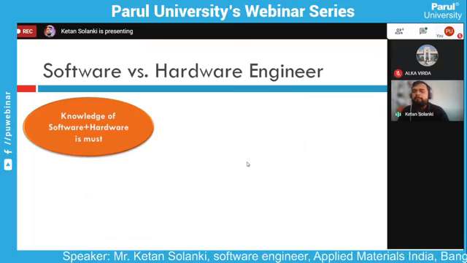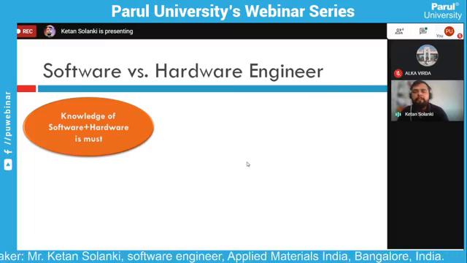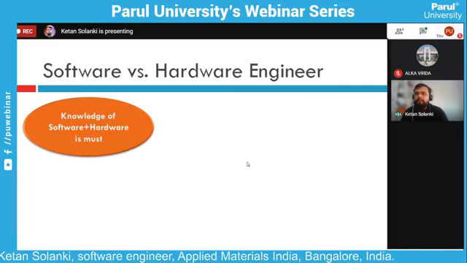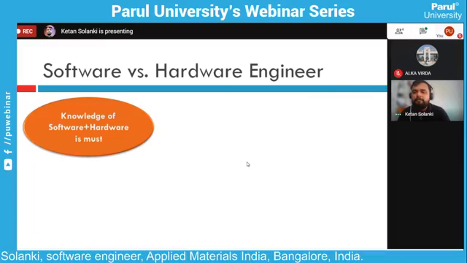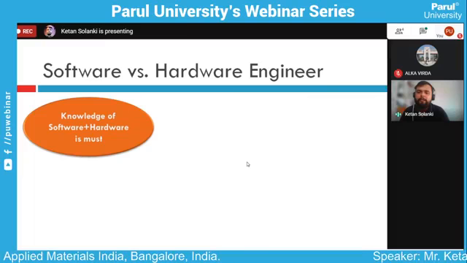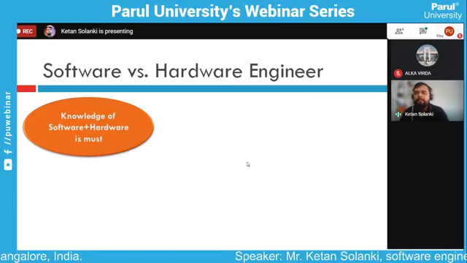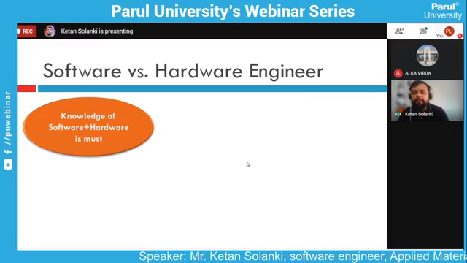So the very first point is, to be a software engineer or a hardware engineer, we must have two types of knowledge: knowledge of software as well as hardware. Only knowing software, or only knowing hardware, will not be fruitful for our career path.